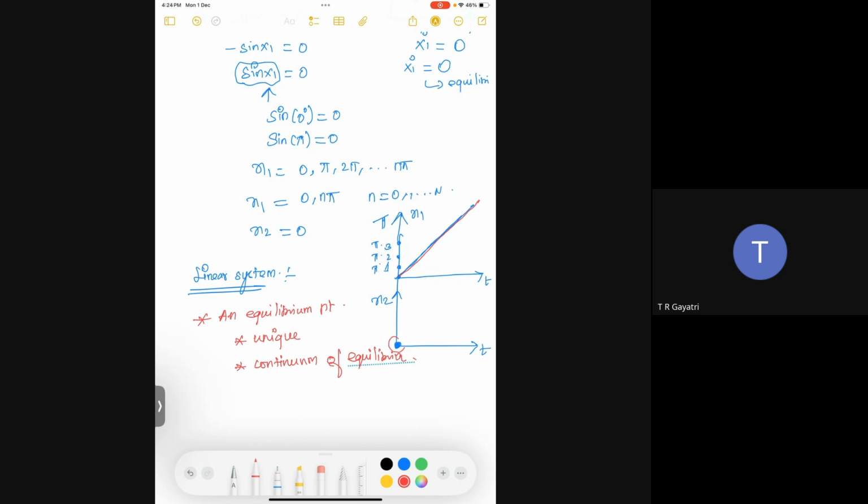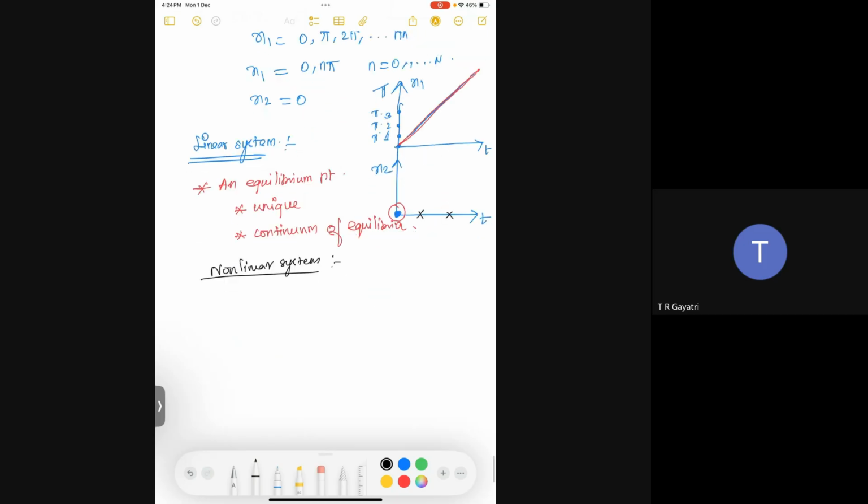Either it has only one single equilibrium point, otherwise a continuum of equilibrium points. You cannot find 2, 3 equilibrium points at the same time for a linear system. But for a non-linear system, there can be a unique equilibrium point, a continuum of equilibria, and also separate 2, 3 equilibrium points.